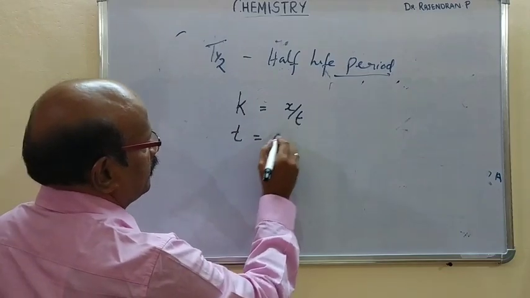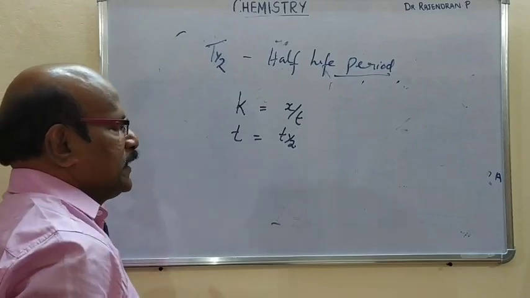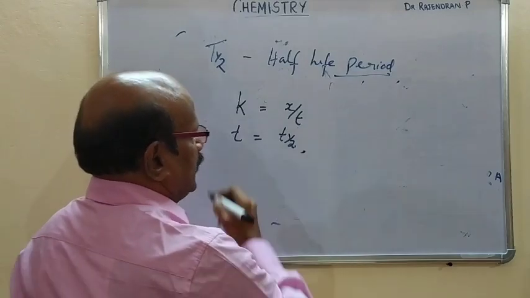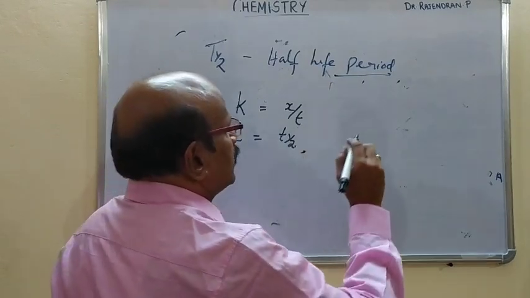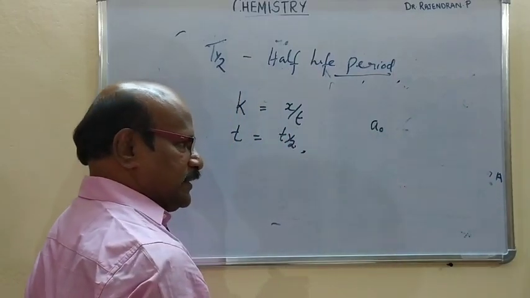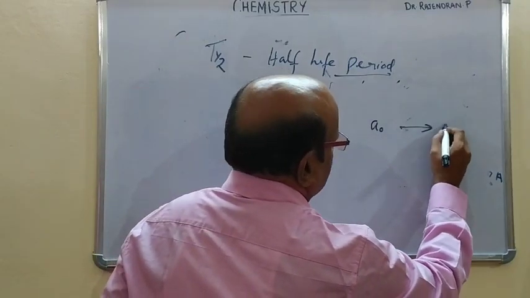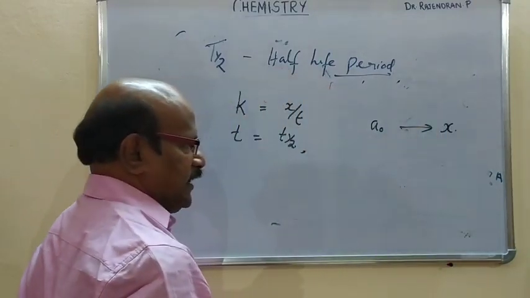When t becomes t half, we have taken A0 as the initial concentration of the reactant, and A0 is converted to the product of concentration x.